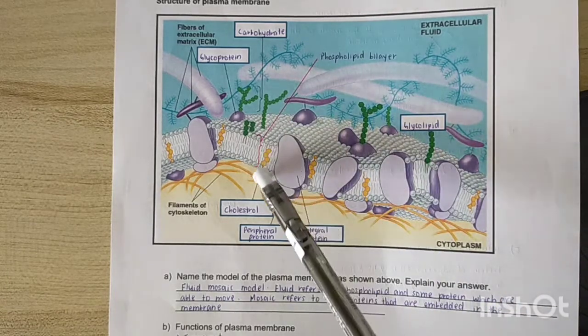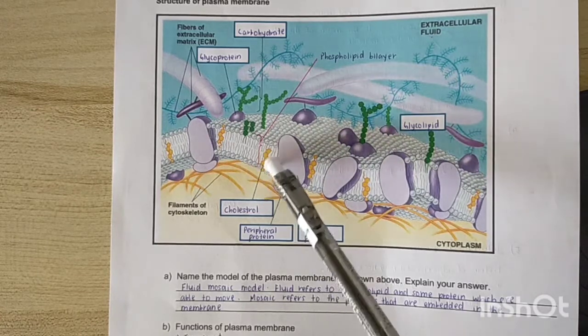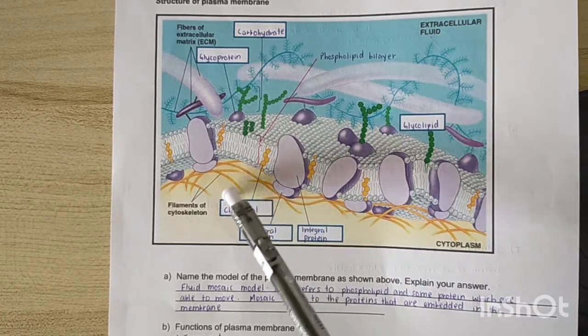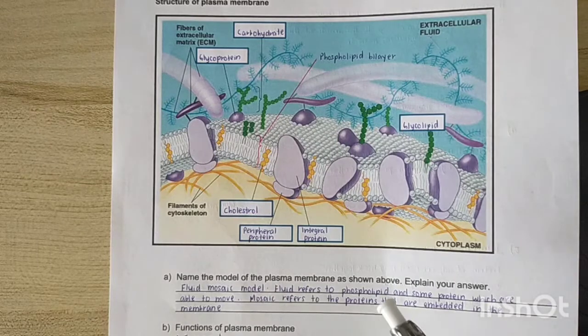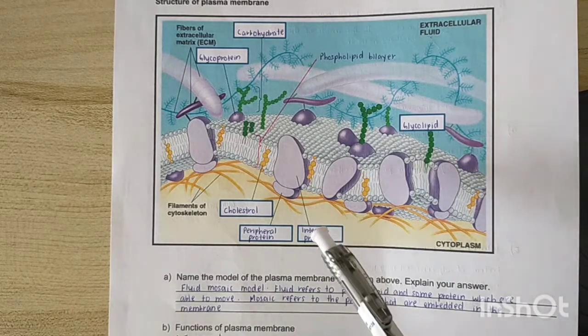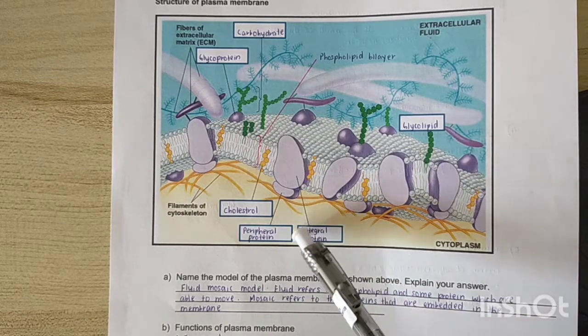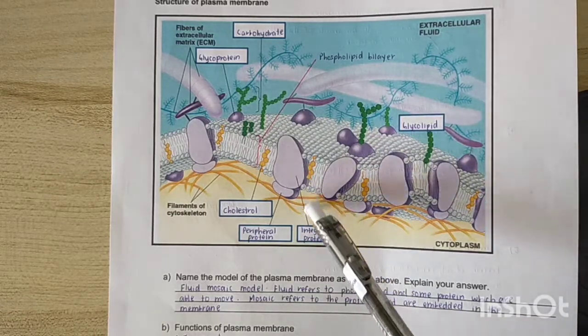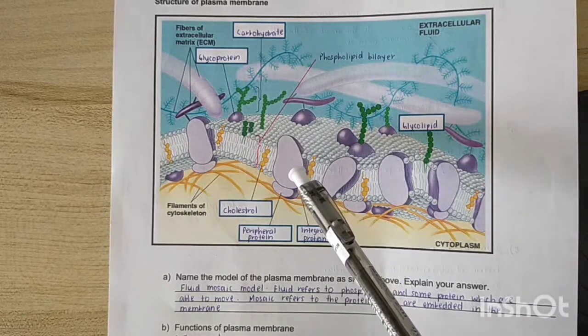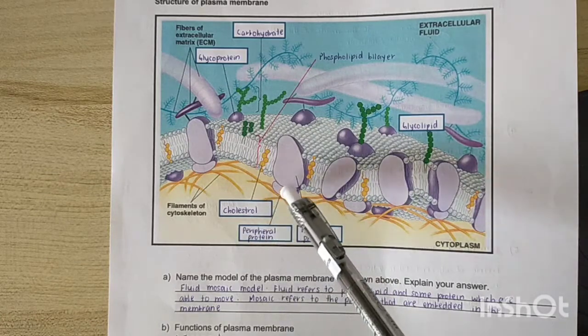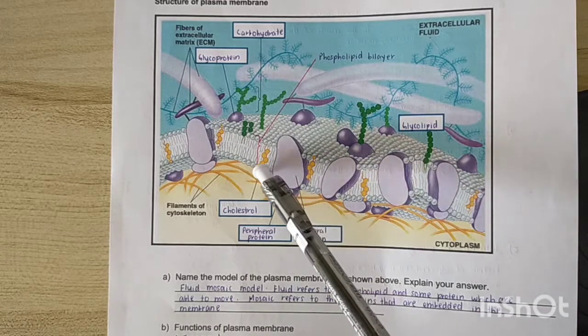And then at the phospholipid bilayer, it has this component, which we call cholesterol. Based on the types of protein in the structure of the plasma membrane, here we call it integral protein. We can differentiate it from peripheral protein. For peripheral protein, that protein will attach on the surface of the plasma membrane.